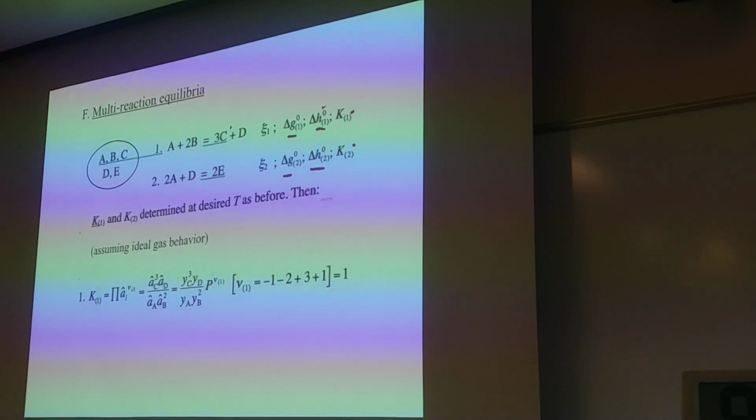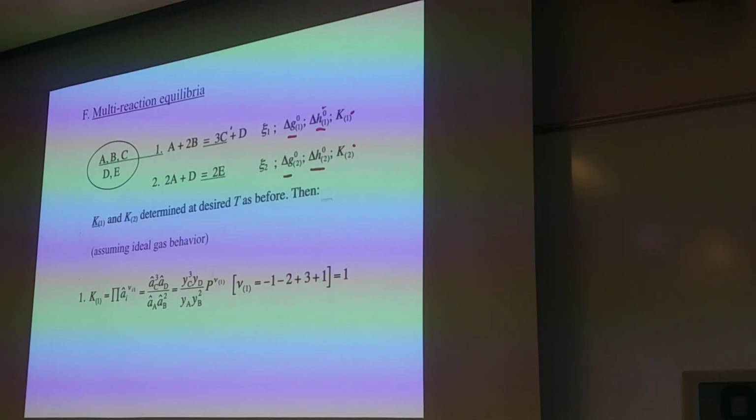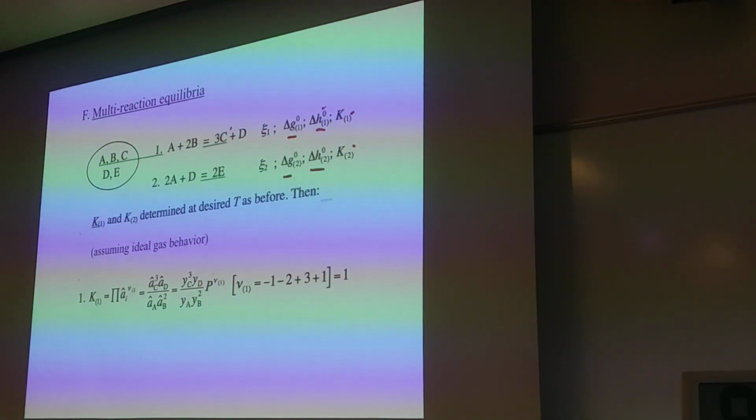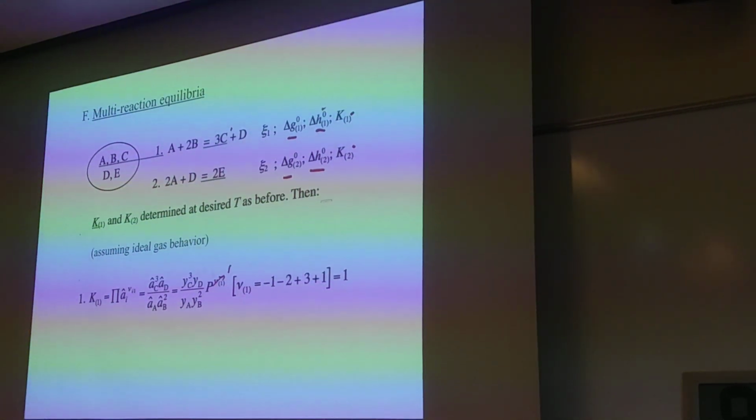If I've assumed ideal gas behavior, I can factor those out into Y each time, and I'll end up with pressure with an exponent equal to the stoichiometric number for the reaction. For reaction number 1, that is minus 1 minus 2 plus 3 plus 1, so it ends up being equal to 1. So nu for this one is equal to 1.